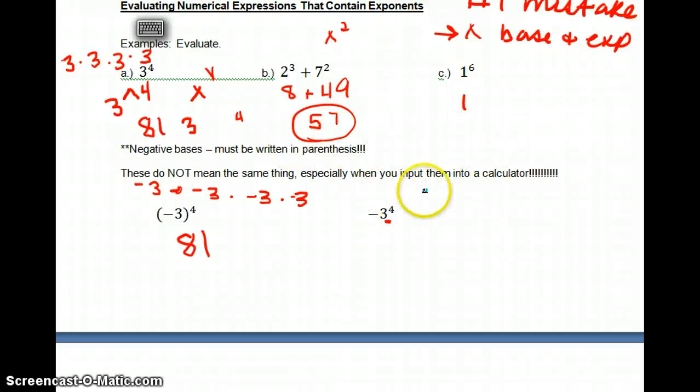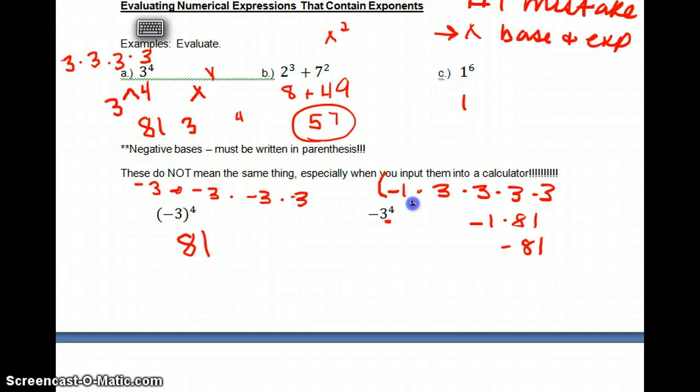So technically, what this means is that we have a -1 times 3 times 3 times 3 times 3 because we don't have a parenthesis. So then we would be saying -1 times 81, which gives us a -81. This is the behind the scenes math that is going on in there.